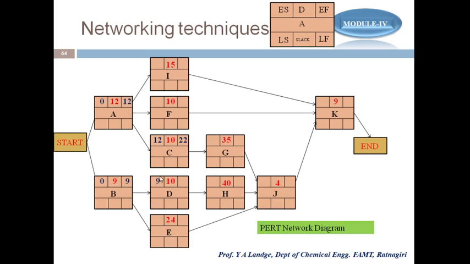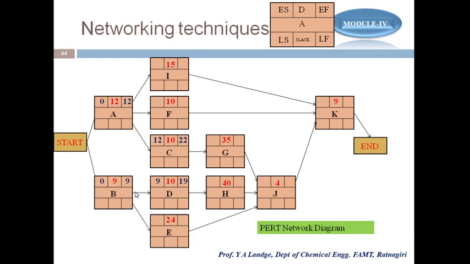Similarly, I'm calculating for D. I'm just following the sequence A, B, C, D like that. Okay. So here 9. So what is the earliest finish? It is 9 plus 10, it will be 19. So I put 19 here. Similarly, I calculate for E. Again, what is the predecessor for E?